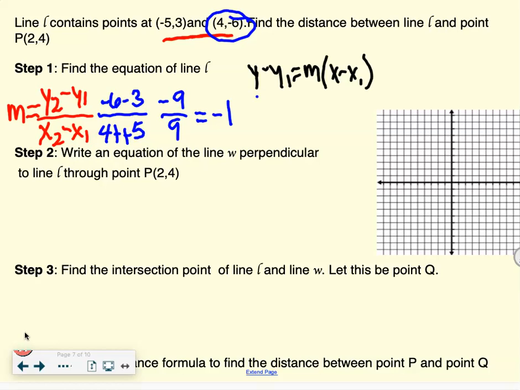So we're gonna have y minus -6, so really y plus 6, equals, what's our slope we just found? Negative 1. -1 times x minus 4. Now we distribute.